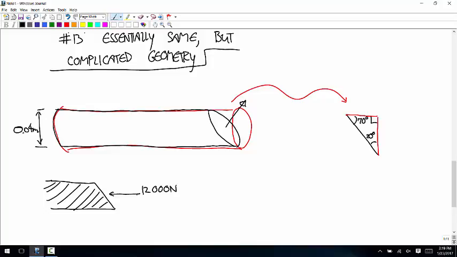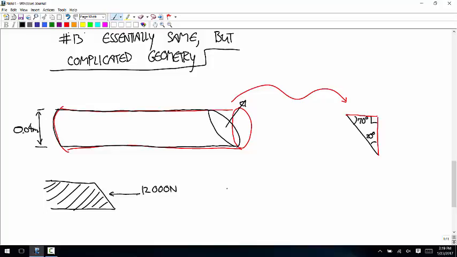And so the first thing we have to do, just like in number 14, is figure out the traction that's produced by a 12,000 Newton force being applied over this inclined face. That means we just have to figure out what the area of this inclined face is.